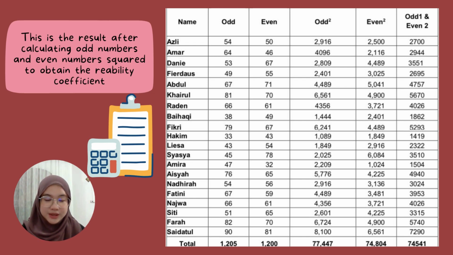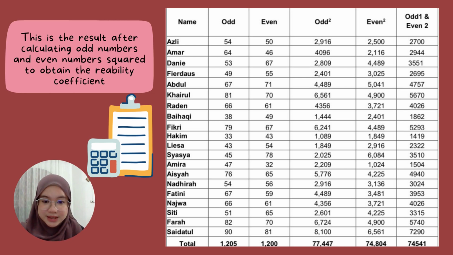So, for the odd number to the power of 1 and even number to the power of 1, 54 multiply 50, and you will get the reliability coefficient for Azli, which is 2,700.